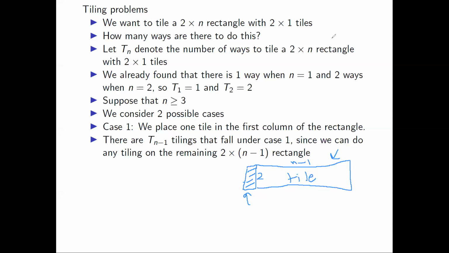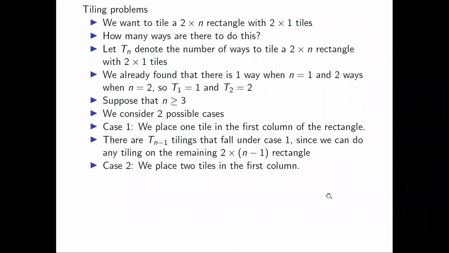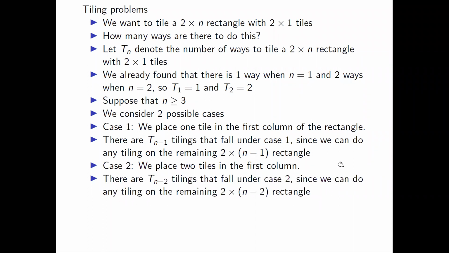Case 2 is the other picture I drew, which I'll draw again soon, where we place 2 tiles horizontally in the first column. And I claim for case 2 that the number of tilings of the 2 by n rectangle that fall under case 2 is going to be T sub n minus 2. And why is this?